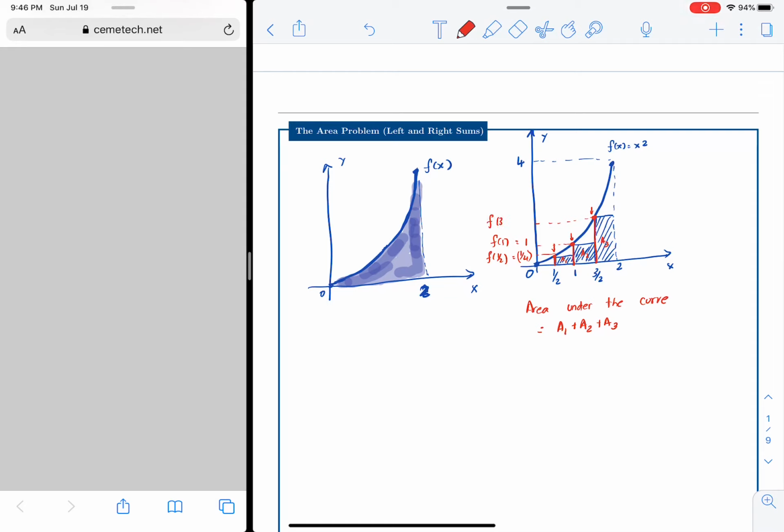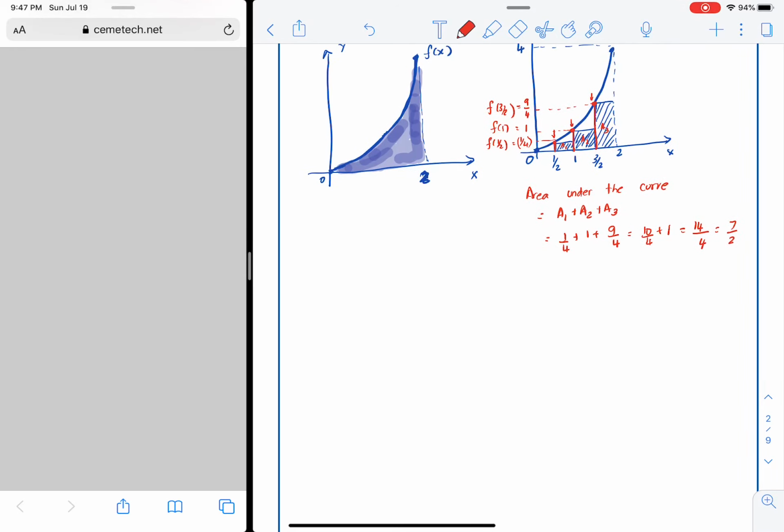F of 3 over 2 would be equal to 9 over 4. So if I add them all together, I have 1 over 4 plus 1 plus 9 over 4. I have 10 over 4 plus 1, 14 over 4, which would give us 7 over 2. Now, that is one area, and that's what we call the left area. We'll call it the left sum.